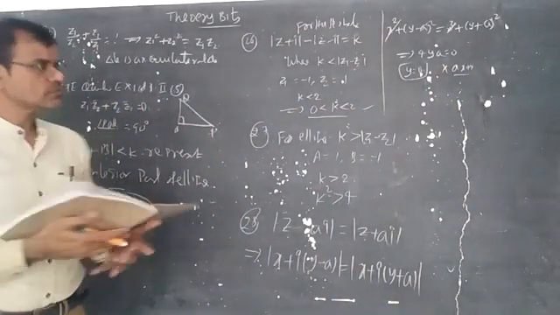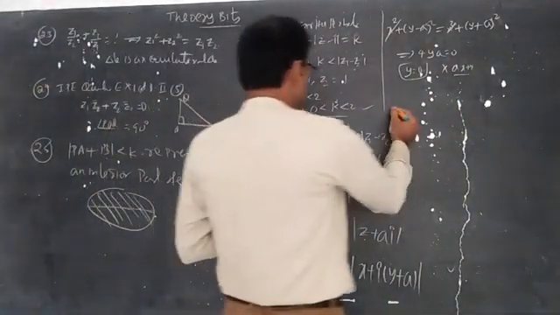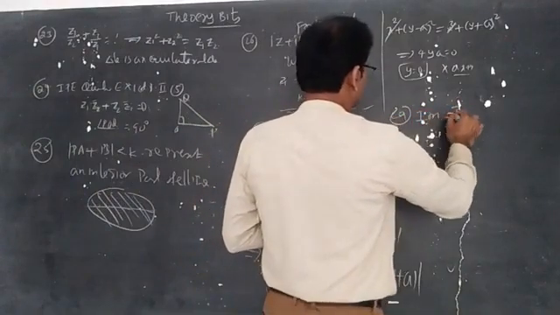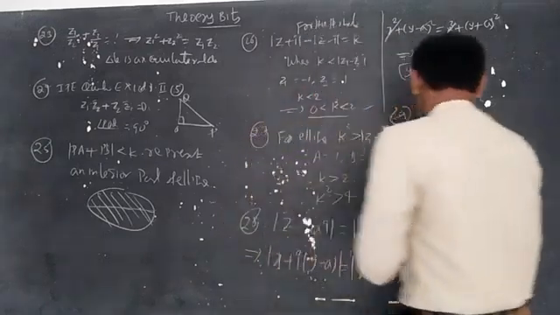Next, the 29th question. Im of Z square means the imaginary part of Z square.